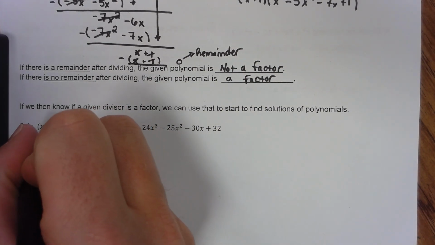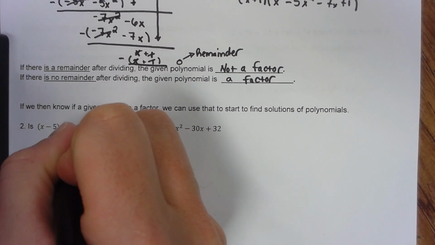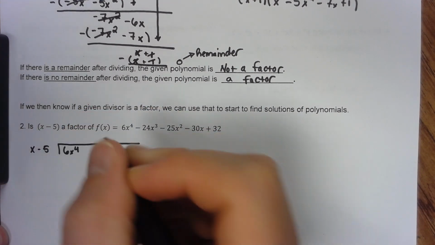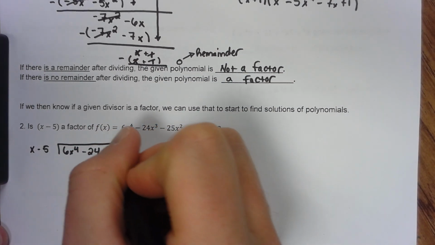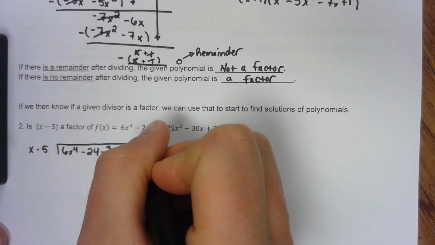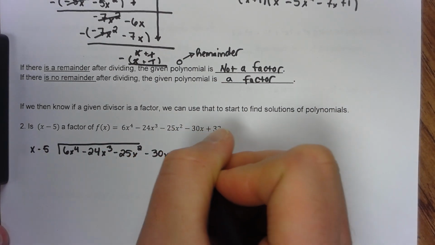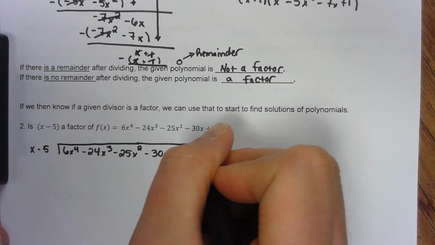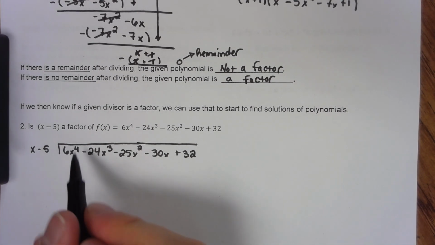Okay, so I have x minus 5 as my divisor, and we are dividing 6x to the 4th minus 24x cubed minus 25x squared minus 30x plus 32. And I'm going to do the first step, and then you all take it from there. So again, our first task is to eliminate the first term here.